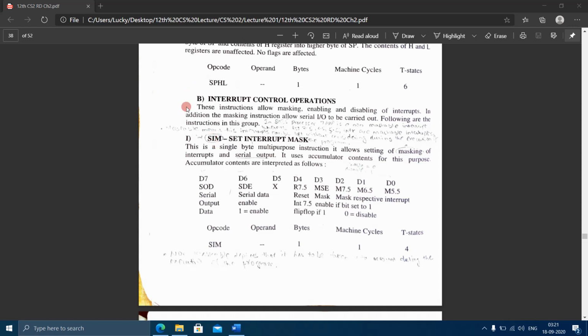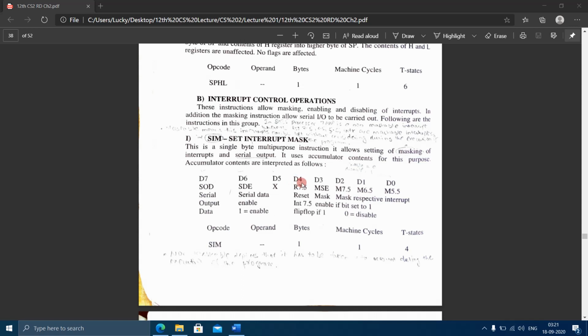We were already done with bits D7, D6 and D5. D4 we will understand in detail when we learn read interrupt mask, that is the RIM instruction.